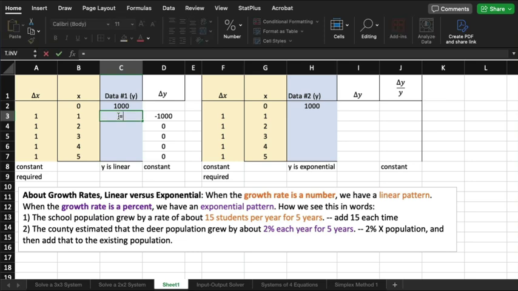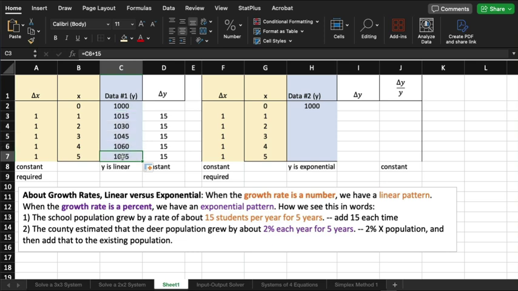We take equals, and we're going to take our current population in C2 and just add 15 to that, because we're growing by 15 students. Right? Equals C2 plus 15. So I can fill that down. And what I want you to notice is that every time we went to the next year, we increased our school population by our delta Y, which is 15 students.